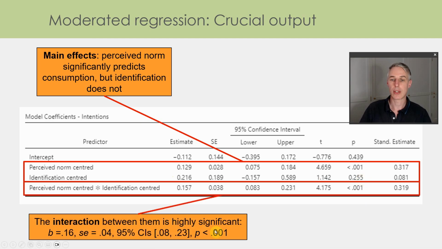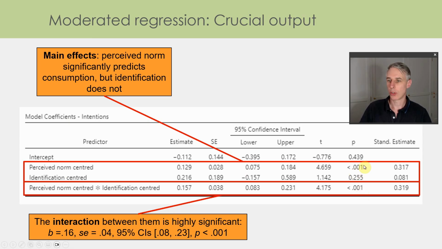In turn, the interaction between them is also highly significant. So a couple of ways of putting that, that you might see written down, is that identification moderates the association between norm and intentions, or the main effect of norm on intentions is qualified by the interaction.